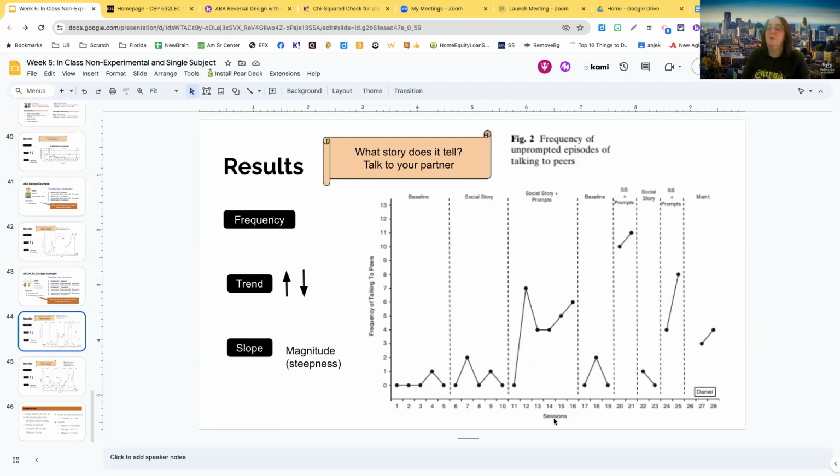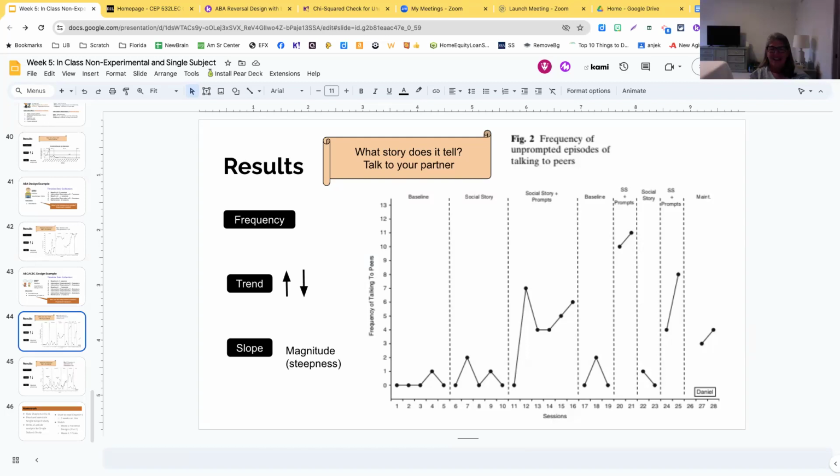Social stories is more intensive, because you're pulling the kiddo away to read them the story prior to the situation actually happening. So the phase C with social stories and prompts is more of an intensive intervention than B, where it's just social stories. Eventually, you would like to get it to just prompting, which would be less of an intervention than the other two.